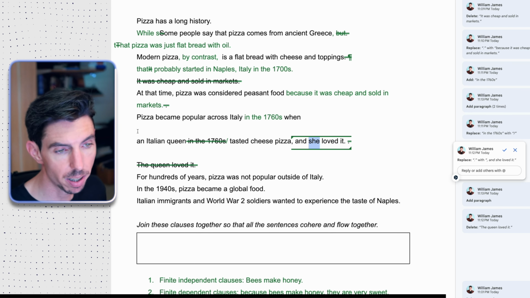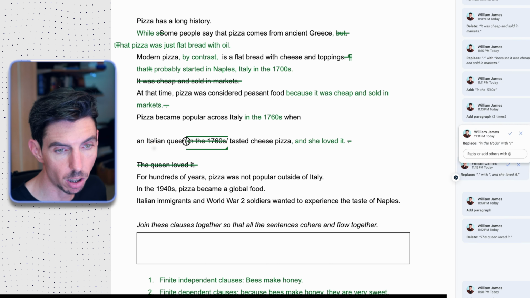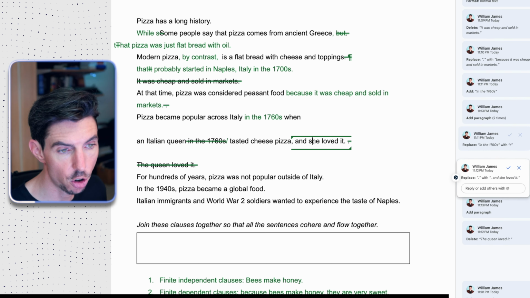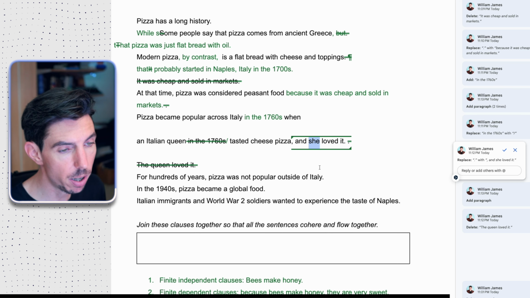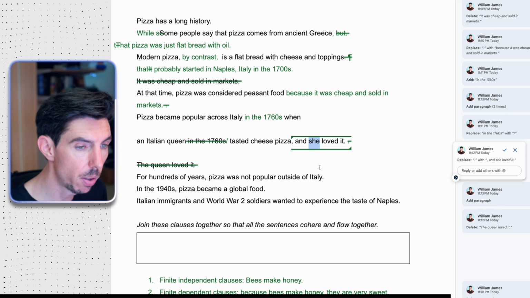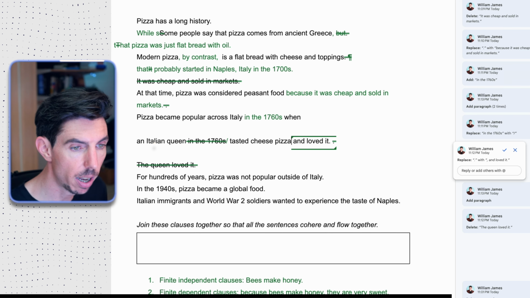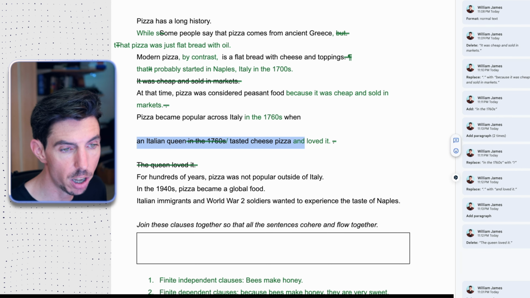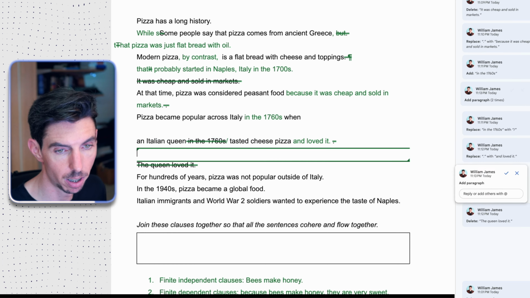But since these two independent clauses are using the same subject, an Italian queen, she, we can reduce it. And the way that we can do that is by deleting the subject and deleting the comma. So it becomes: an Italian queen tasted cheese pizza and loved it.